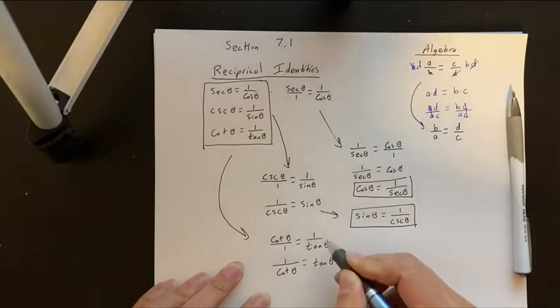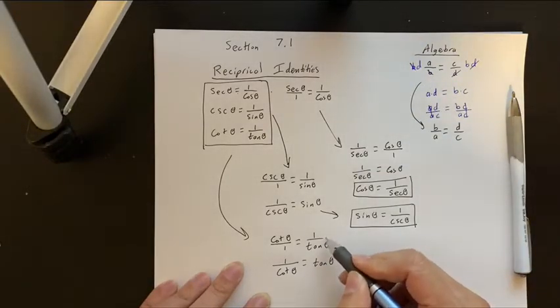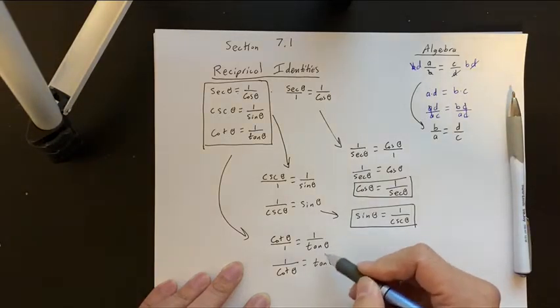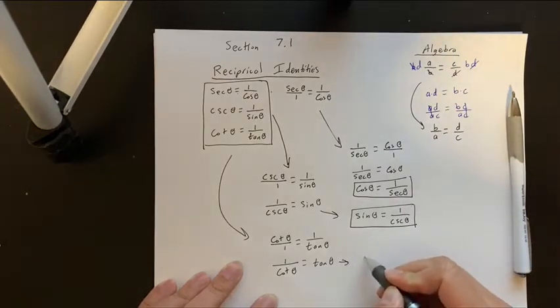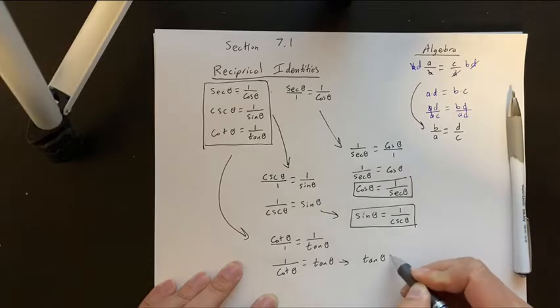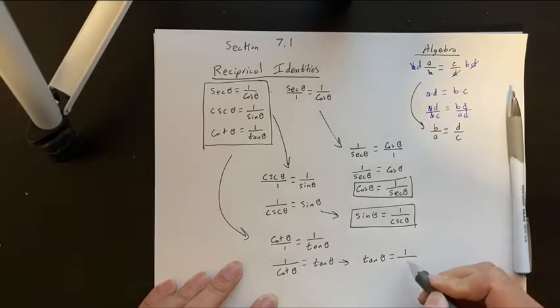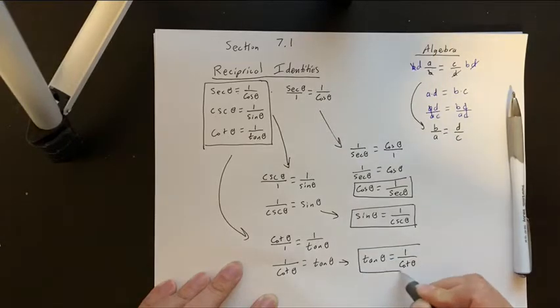And I'm going to do 2 steps here. Really, you flip it, and then I'm going to just remove that 1 because dividing by 1 is just itself. So tangent theta over 1 is just tangent theta. And then finally, I'll write that tangent theta on the left side. Okay.